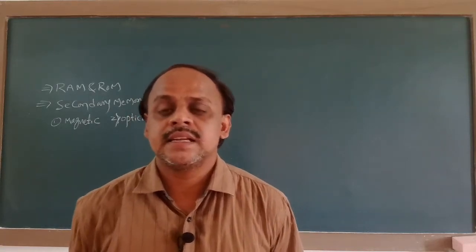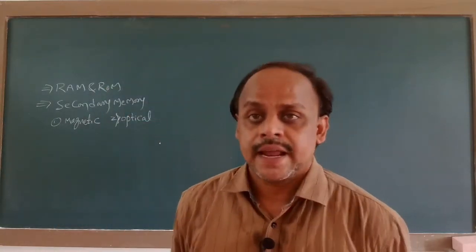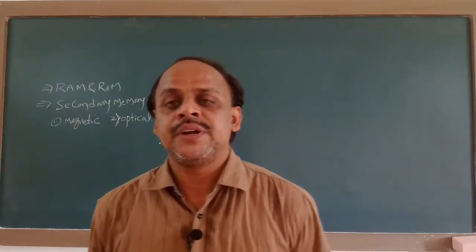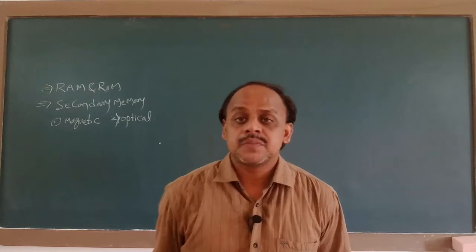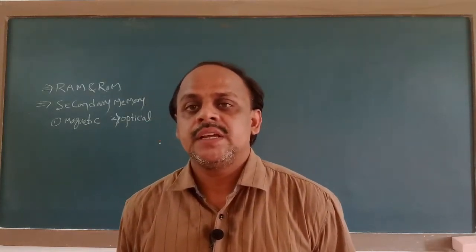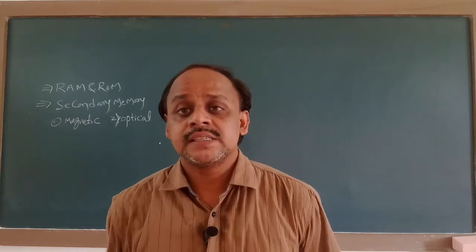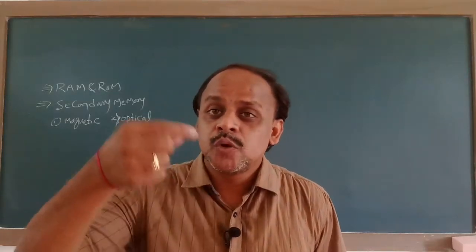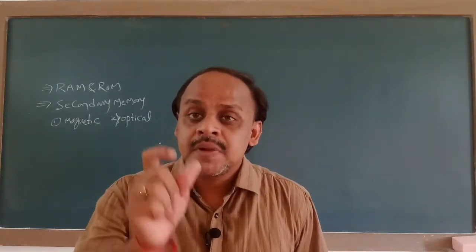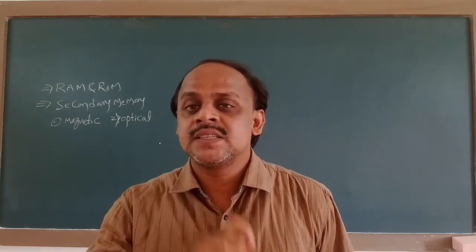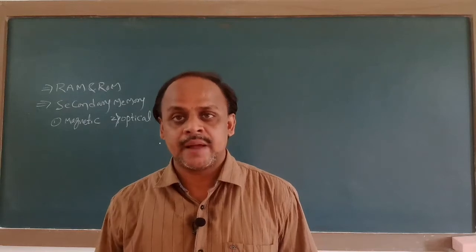Last class we discussed that RAM and ROM are called the primary memory devices. RAM stands for random access memory, ROM stands for read-only memory. And what is stored in RAM? RAM contains intermediate results as well as the final results of the program.